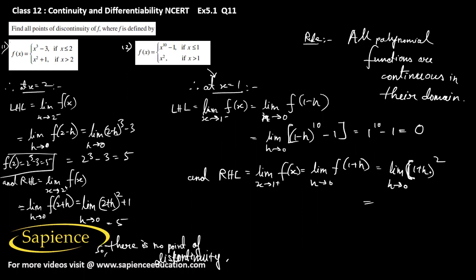So we can put h equal to 0 here, that will be 1 square, that is 1. And the value of f of 1 is 1 power 10 minus 1, that is 0.